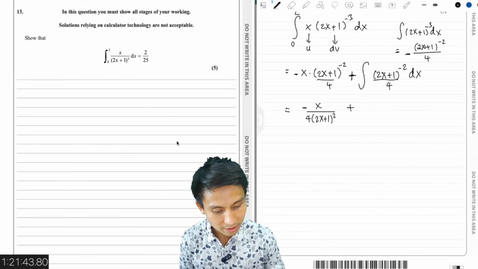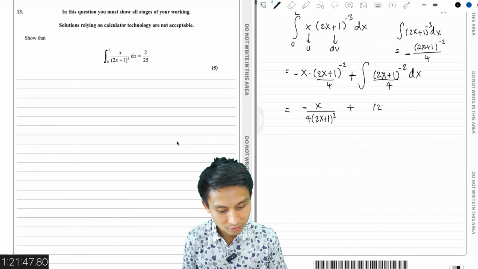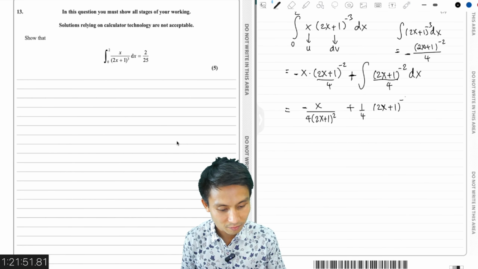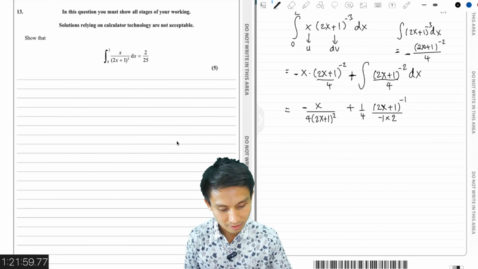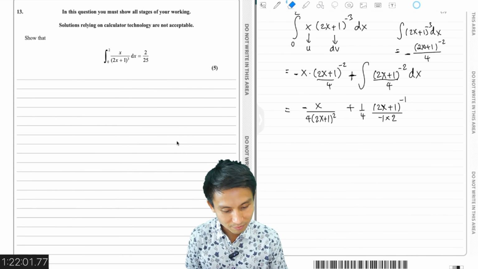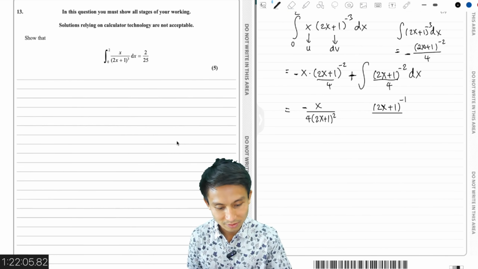And then this one, well, the integral of that is again using the power rule. We're going to have 2x, we have 1 over 4 here, and then (2x plus 1) to the power of minus 1 divided by minus 1, and then multiply by 2 again, reverse chain rule with the added power. So that basically is going to simplify to minus 1 over 8, right? So I write minus 1 over 8 like that.